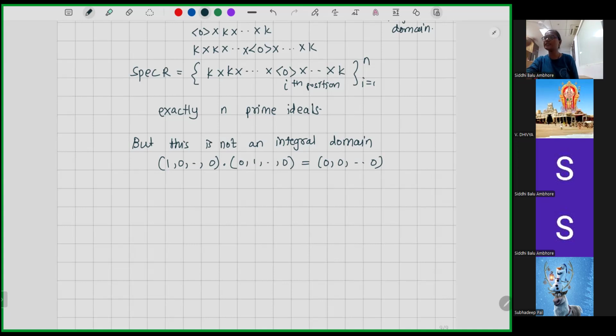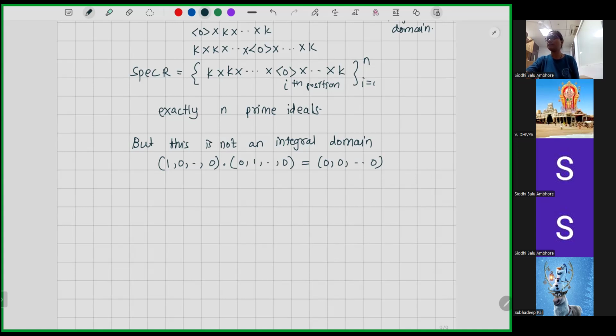But since there are n variables, the ideal generated by x1 is prime, right? The single ideal generated by x2 is prime, the ideal generated by xn is prime, then the ideal generated by x1, x2 is also prime, and so on. So there are more than n. In fact, there are many more prime ideals in the ring you have given here.